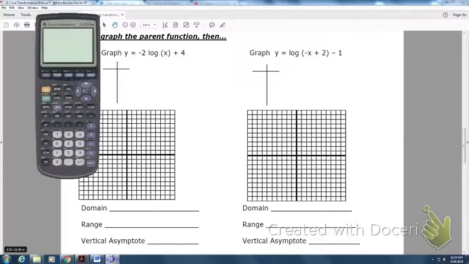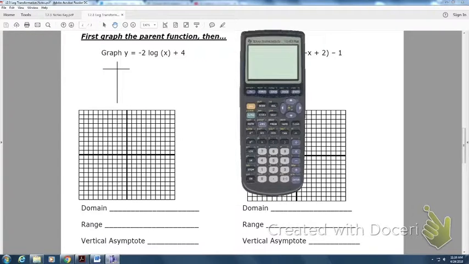And again, whenever we're doing transformations, you're not going to have to worry about the base. So whenever you're putting these in, you can just hit the log button. You won't have a base other than 10. It'll just be the common log. So whenever you put it in, you don't necessarily have to do the alpha window 5.